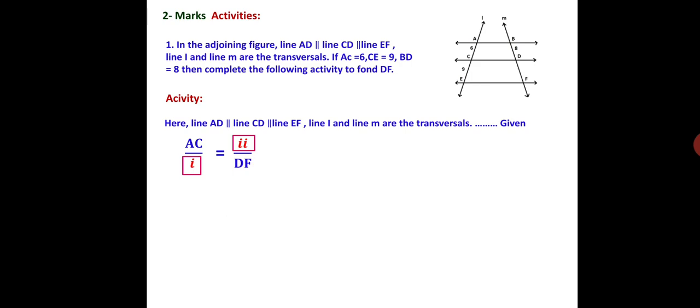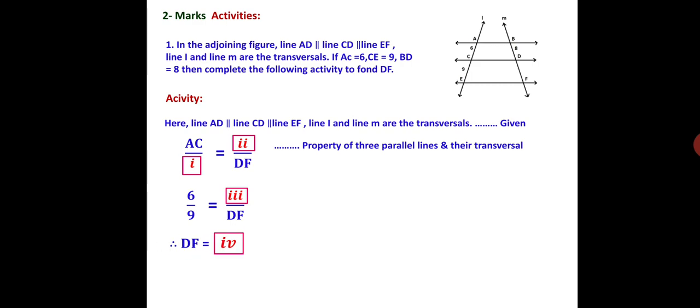See here, AC upon, here a box is there, I wrote 1 there, is equal to again a box upon DF. 1 and 2 indicate that you have to fill in the values there, and as an answer I wrote only the values of those. So by the property of 3 parallel lines and the transversal, putting the values, 6 upon 9 is equal to the third box upon DF.